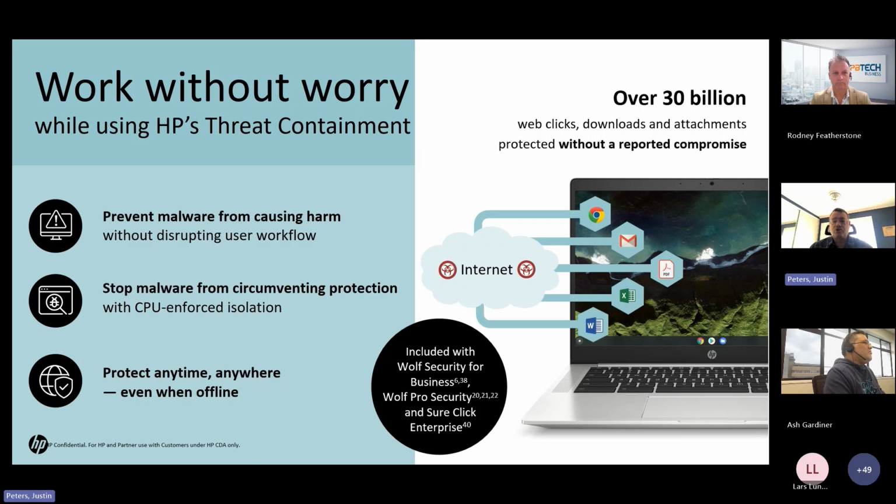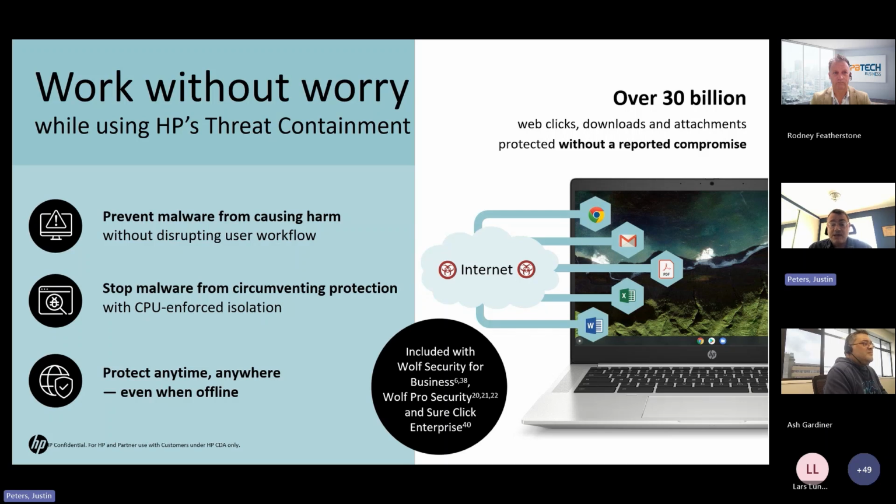Now, Wolf Security for Business is included in most of our commercial devices, the majority of the Probooks, the Elitebooks, and Zbooks. I'm going to give you a bit of a demo of how this technology can protect you against threats.